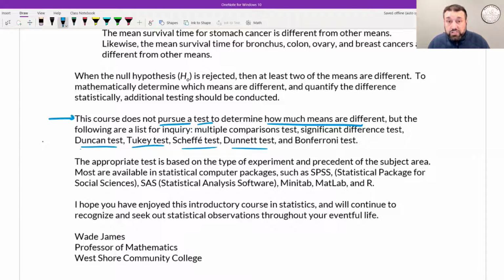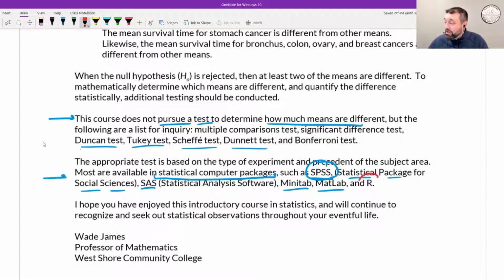If you want to continue on studying statistics, you're probably going to be using statistical software packages like SPSS, Statistical Package for the Social Sciences. If you're getting into more analytical math and science type stuff, you probably use SAS or Minitab or MATLAB. These are all statistical packages.